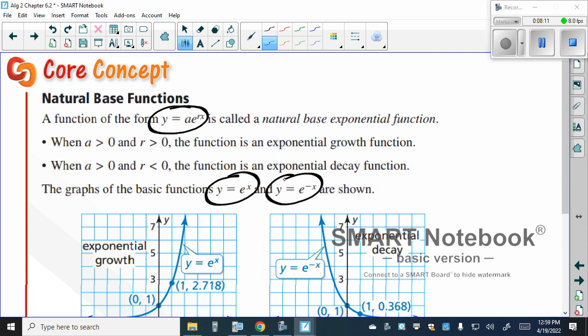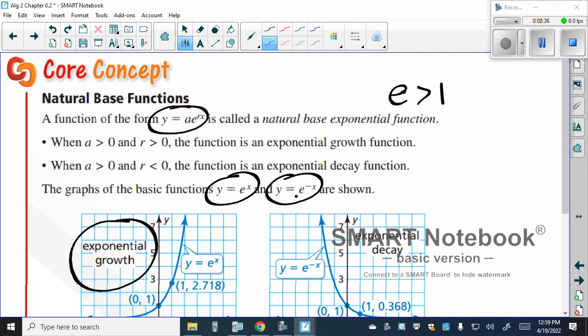Now, we know for certain that e is definitely greater than 1. As we already showed, e is 2 point that nasty long decimal. So y equals e to the x is going to be our exponential growth, because just like yesterday, whenever the base is greater than 1, it's exponential growth.